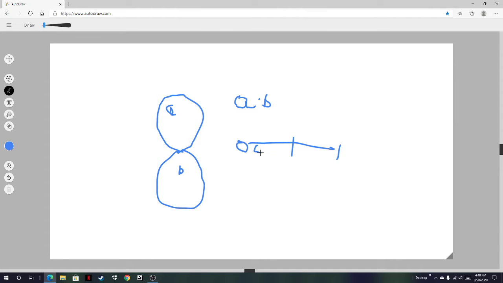And A goes along this one, and B goes along this one. A times B is this. And if we draw another line, then we put B times A. We have B and then A.